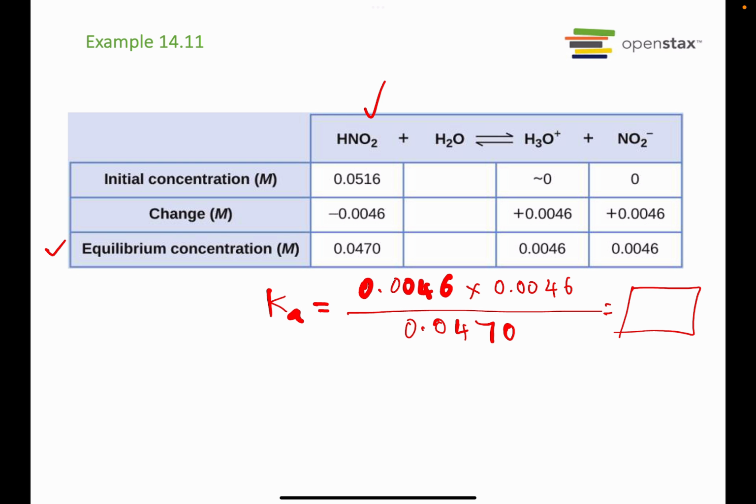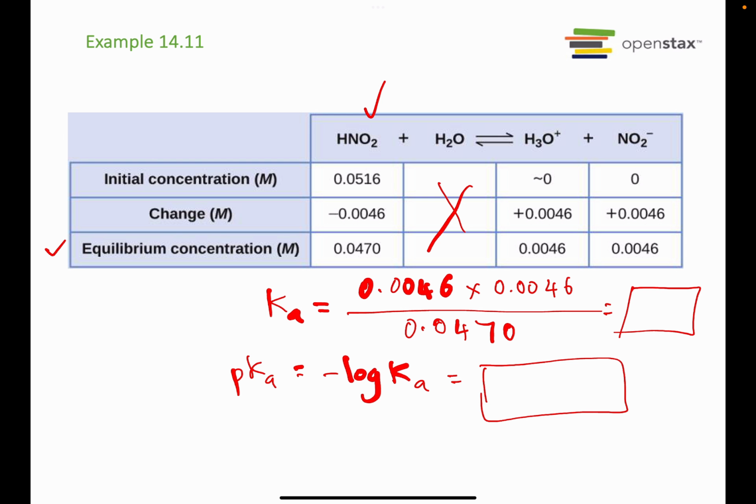Now, we don't have to include water because it's a liquid. So water is not part of the equation. Now, when you get the Ka, the pKa is minus log of Ka. Okay, you've got to put it in your calculator and see what you get. All right.